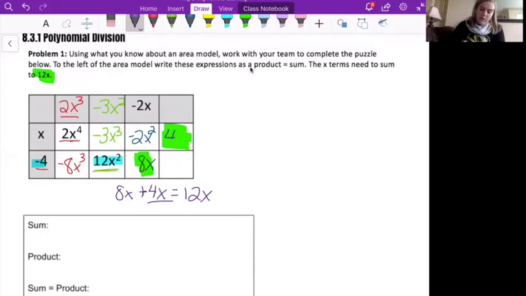So that means that 4x has to be here. And then we can finish out our box. 4 times x gives us 4x. 4 times negative 4 would be negative 16.